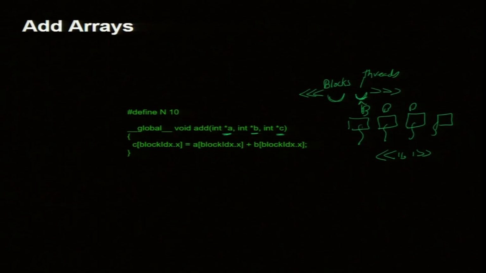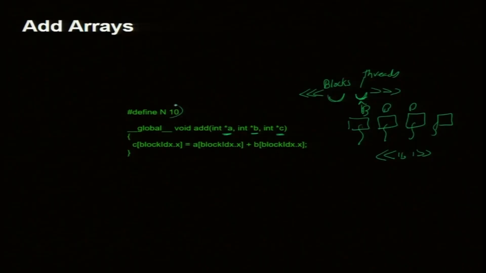This thread will tell the core to add these two numbers and update this number. The computation is done by a core, but the instruction is A plus B equal to A, and one core can do it with one thread. Right now I am using only 10 numbers, but if you have an array of n numbers, then I can use n threads.